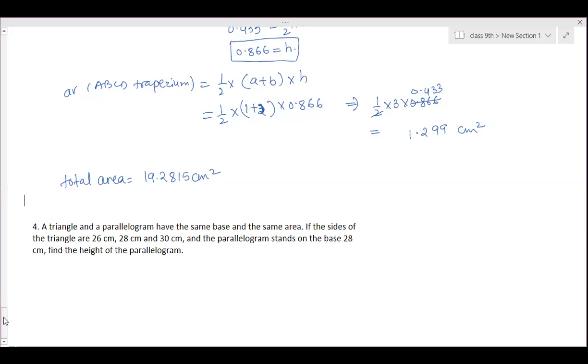Now they have asked the height of the parallelogram. So what is the area of parallelogram? Base into height.